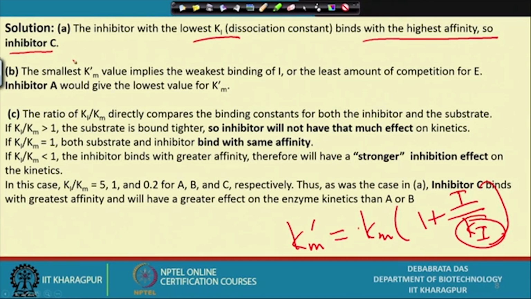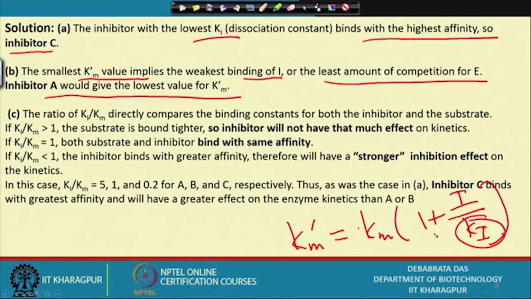And if you look at the second, the smallest value of Km dash implies the weakest binding of inhibitor, the least amount of EI. The inhibitor A would give the lowest value of Km dash. Obviously, if this value is high, then this value will be lowest. Among the 3 inhibitors given in this problem, we find that A has the higher value of Ki.